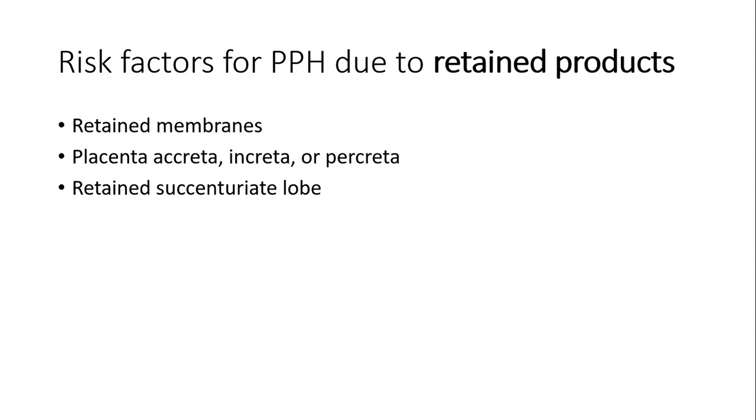For retained products of placenta, the risk factors are retained membranes, placenta accreta, placenta increta, and placenta percreta, which are different pathologies, but these are the risk factors for retained products. And of course, a retained small part of the placenta, like a lobe.